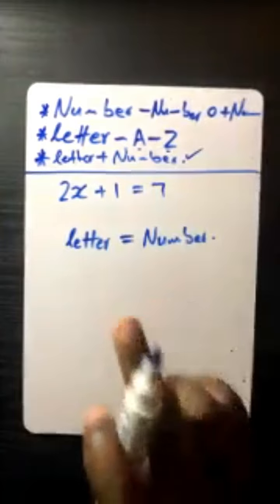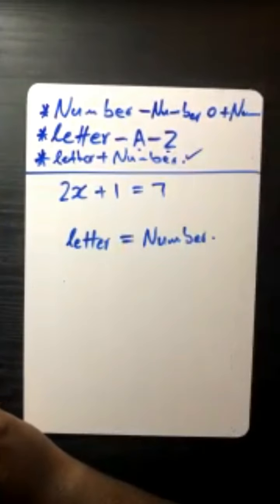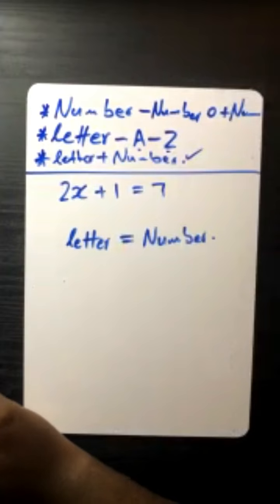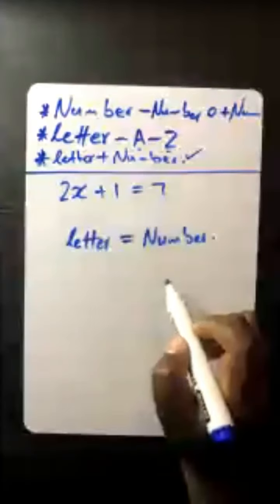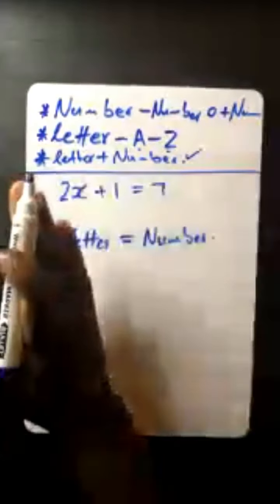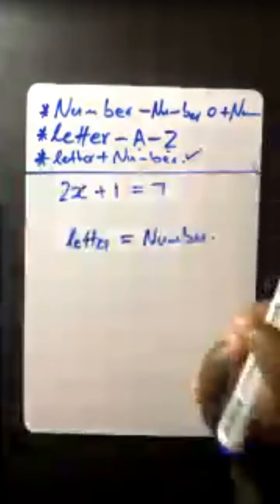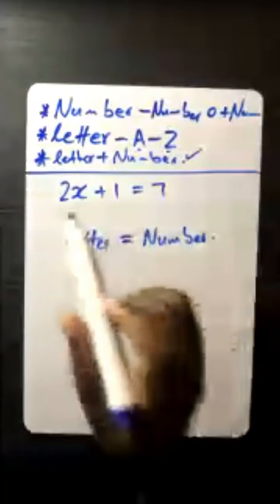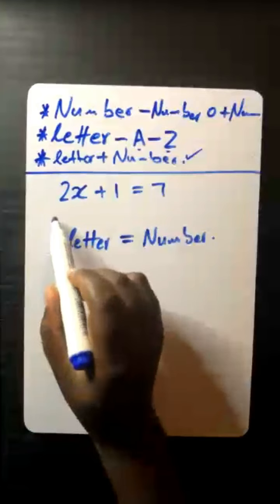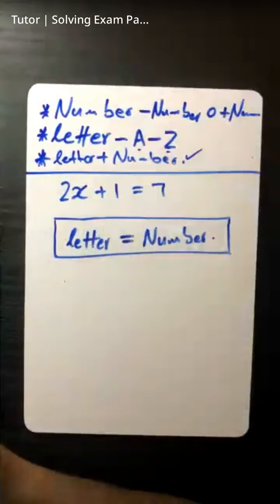And remember, it depends on the type of equations that you are given. In this case, you are given an equation where you want to have all the letters on the left and all the numbers on the right. In grade 10, in most cases, you are given equations which require this type of approach.